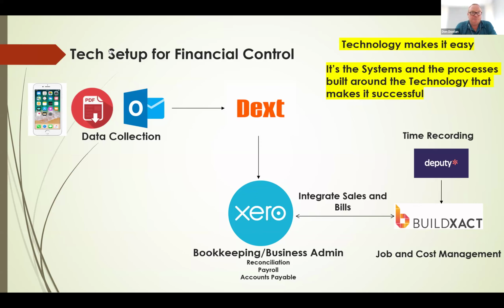Tyson's asked, does Dext recognize the job that the invoice relates to? It's getting better at it. Eventually, one day it will. But our job as data managers, you'll see with the integration when Natalie demonstrates it in a minute, is that if you've got your job number in Xero, your job number's in Dext in a drop-down menu.